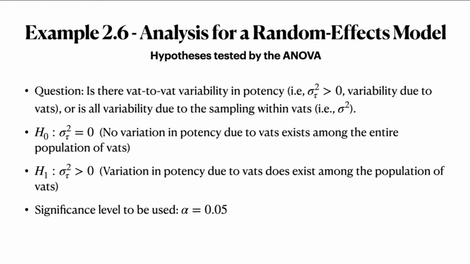There is no vat-to-vat variability across the entire population. The alternative hypothesis says that there is vat-to-vat variability in the population; in words, that variation in potency due to vats does exist among the population of vats. And we will use a 0.05 level of significance to perform this test.